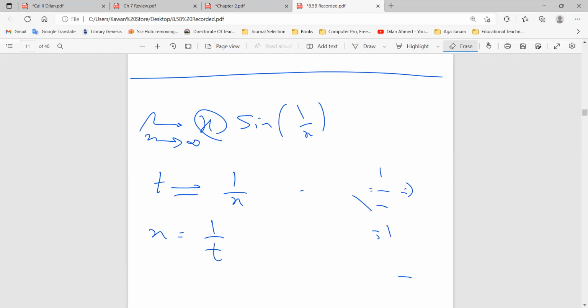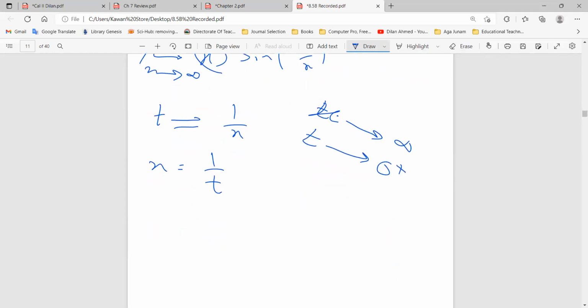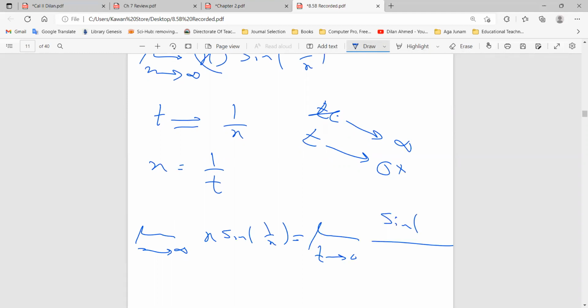Now, if x approaches infinity, t is going to where? You know from the previous one. x approaches infinity, so t is going to 0, right? So we say that the limit as x approaches infinity of x sine 1 over x is going to be the limit as t approaches 0 of sine of what? x will be 1 over t.